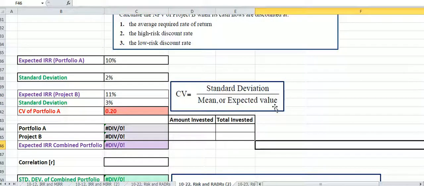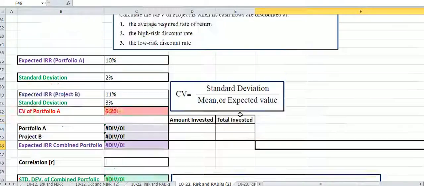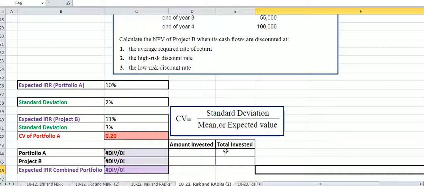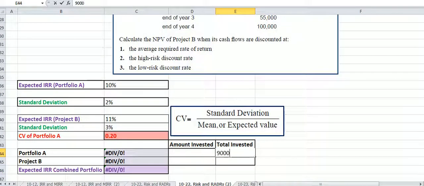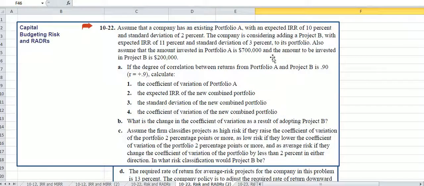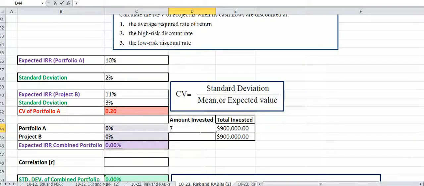Now, in these cells we want to put the total amount that is invested, which is $900,000, and then portfolio A has the larger amount, $700,000. This is going to give us our percentages, our weights.